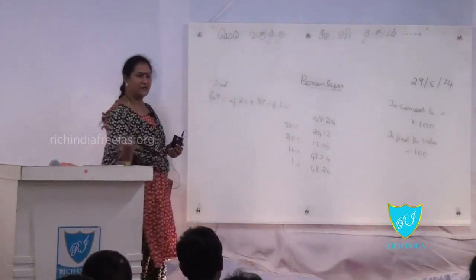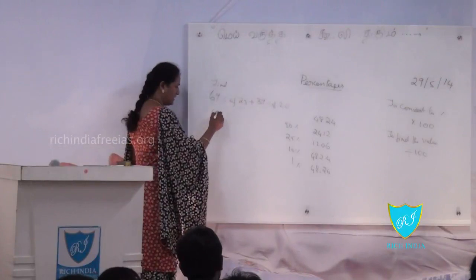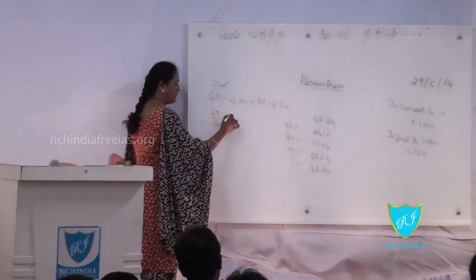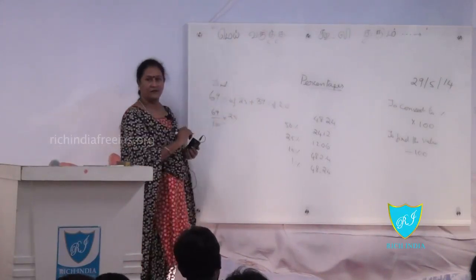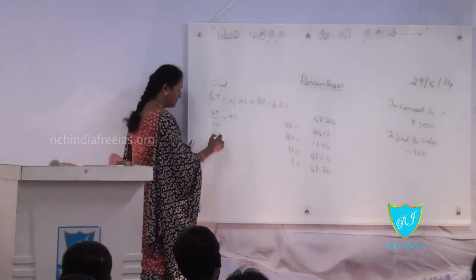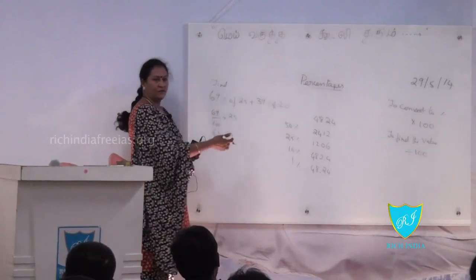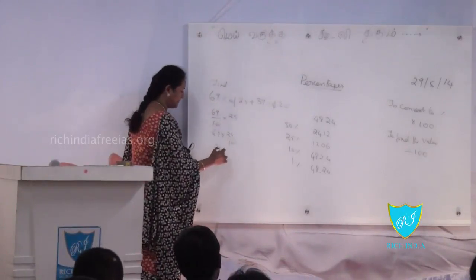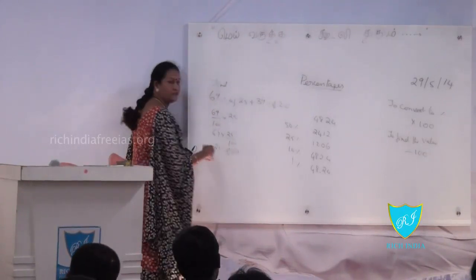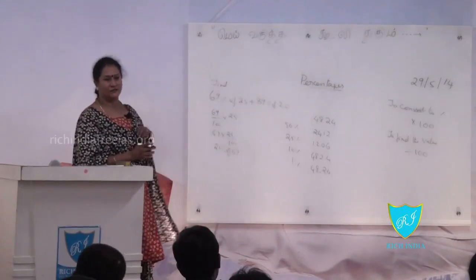So 69% of 25, we will write 69 by 100 into 25. So this you write, divide this 25 by 100. So this is 25% of 69. Both values will be the same.